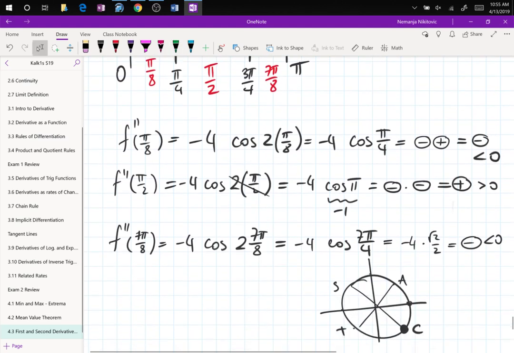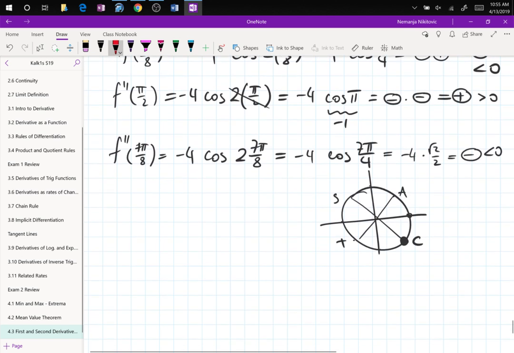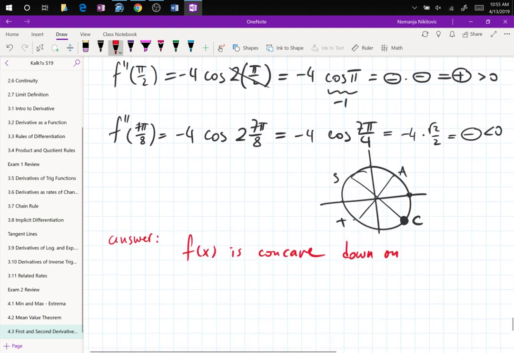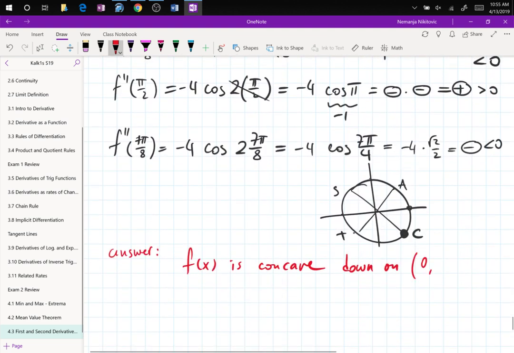All right, so now we have to write the answer, right? What is the answer? The answer is f of x is concave down on 0 to pi over 4 union 3 pi over 4 to pi.